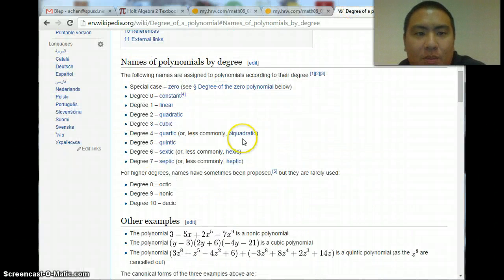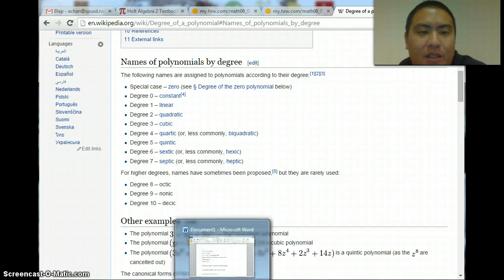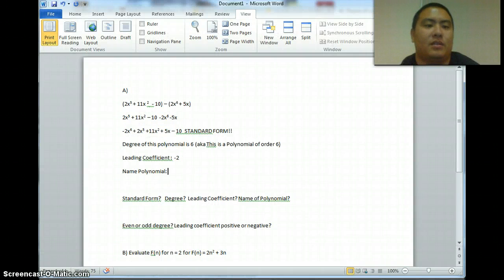I pulled up Wikipedia. Anything degree 6 is a sextic, or less commonly known as a hexic. So we'll say sextic. Alright, so this is a sextic polynomial, and that's the name of the polynomial.